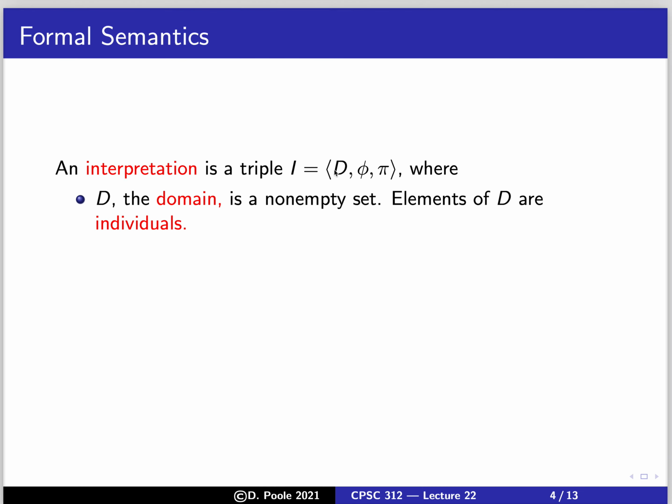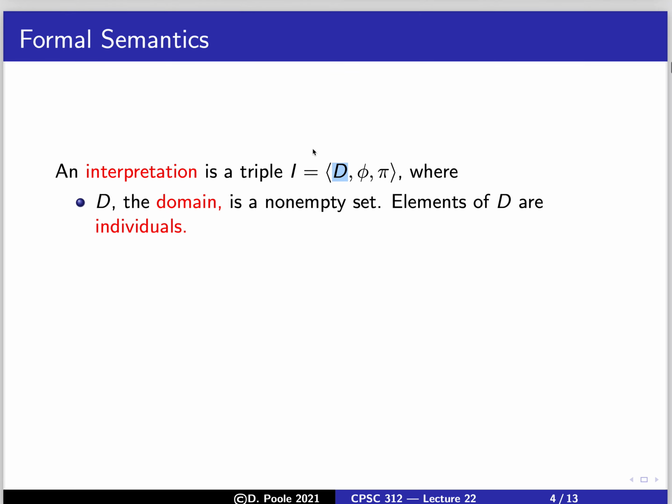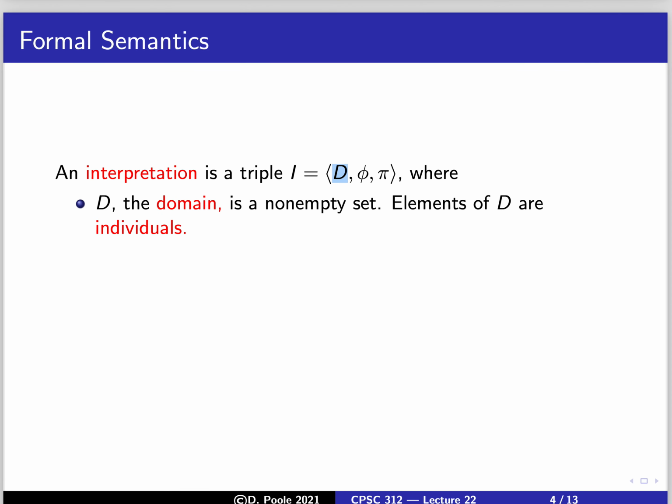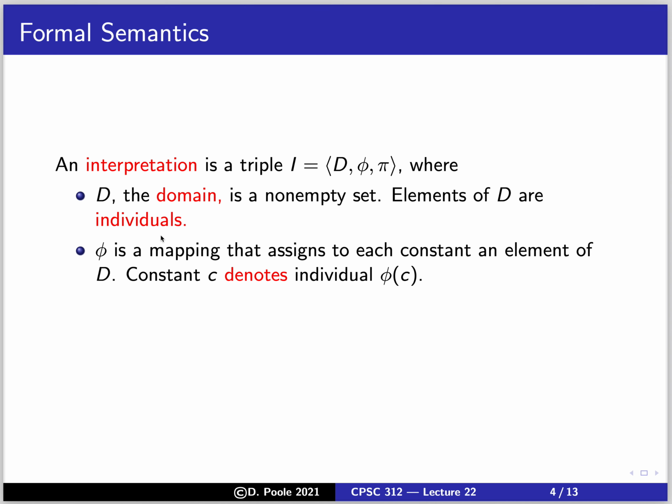So here's the formal definition we're going to use. An interpretation has three parts. First, D is the set of individuals, the set of things in the world. Phi is a mapping that assigns to each constant an element of D, so for each constant c, it denotes the individual phi of c.